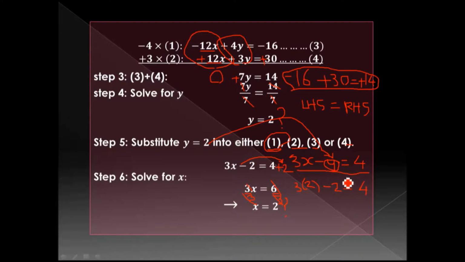I'll append the question mark since we have not yet verified whether this is proved. 3 multiplying 2 is 6, less 2 gives us 4. So since our left-hand side is identical or equivalent to our right-hand side, we can safely conclude that these numerical values of x and y are indeed correct.